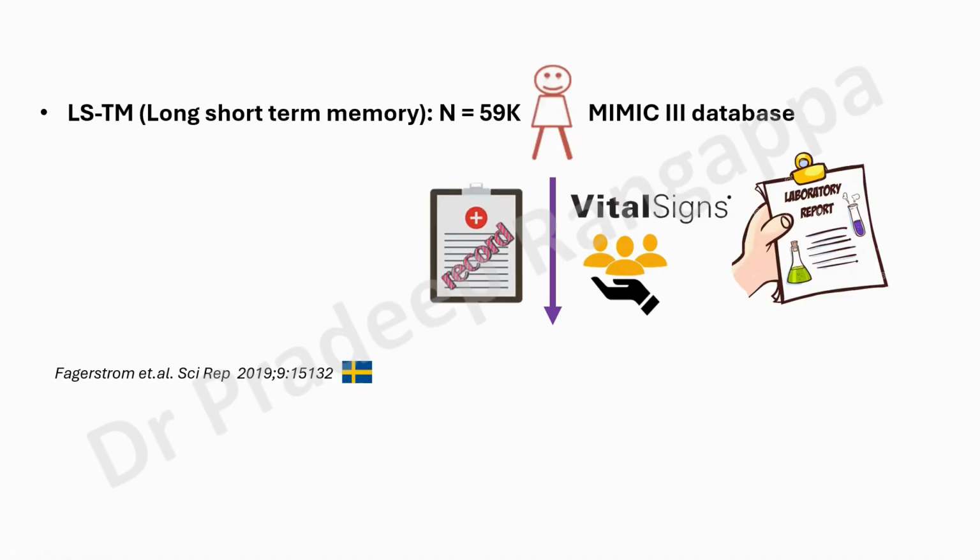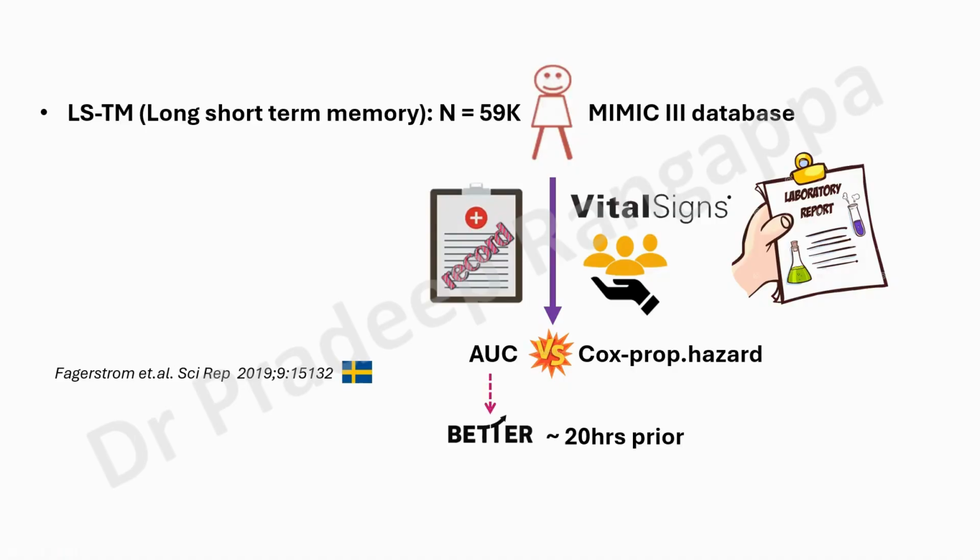They tried to determine the patient outcome, and compared two approaches, area under curve versus Cox proportional hazard. They found that the area under curve derived from these data using the AI algorithm called long short-term memory was better, and it could identify sepsis 20 hours prior to the onset.